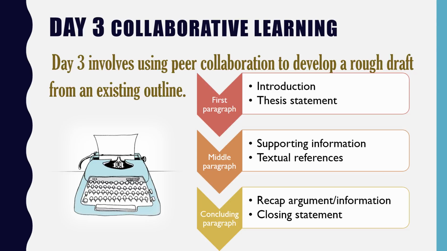So from their existing outlines that they were able to develop together and with the instructor, they will then use peer collaboration to develop their introductions, their thesis statements, their supporting information, their textual reference, their recap of their main argument and information and their closing statement. Day 3 allows students to talk with other students and to get ideas and to form a rough draft or the beginning of a rough draft.